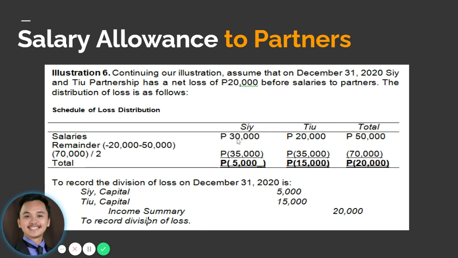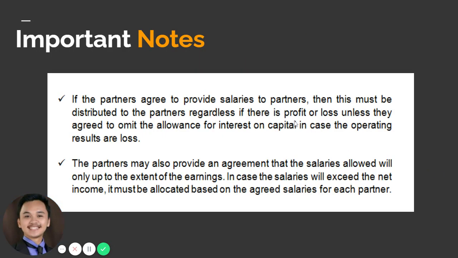So kung maingon ta nga, sir nganong mag-distribute pa man og salaries kung naay loss. So it's actually okay kay para dili sayang ang work nga natabang or work nga na-render ni managing partner or ni C ug ni Chu in the partnership.